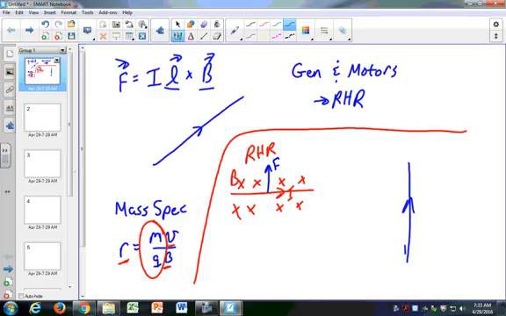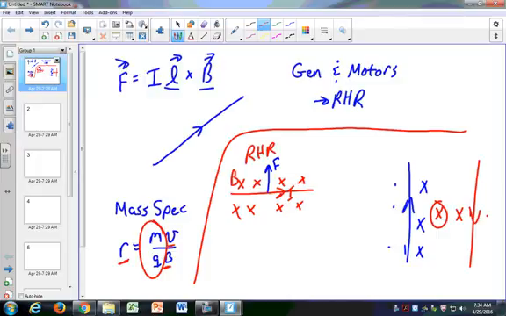So in this case, my magnetic field will be into the page on this side and out of the page on this side. If I have another wire, say going in this direction, my magnetic field will be into the page on this side, out of the page on that side. So in the middle, my net magnetic field would be into the page. If they were going the same direction, the net magnetic field is out of the page.